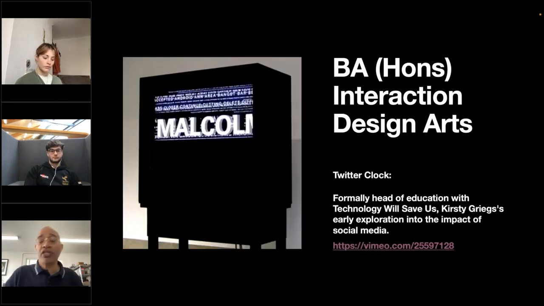Similarly, this project is over 10 years old now, and it was called the Twitter Clock. It's one of the first projects I ever saw anywhere that was really challenging what social media was. When you think about what's happening with Twitter now, it seems very prescient.